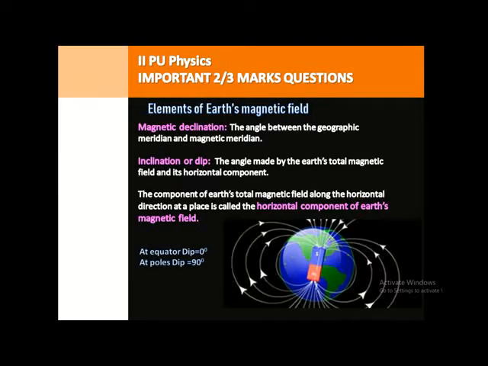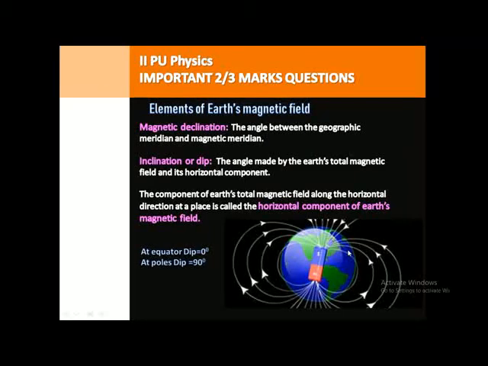Inclination or dip, that is the angle between Earth's total magnetic field and its horizontal component. The component of Earth's total magnetic field along the horizontal direction at a place is called the horizontal component of Earth's magnetic field. At the equator the dip is 0 degree and at poles dip is 90 degree.